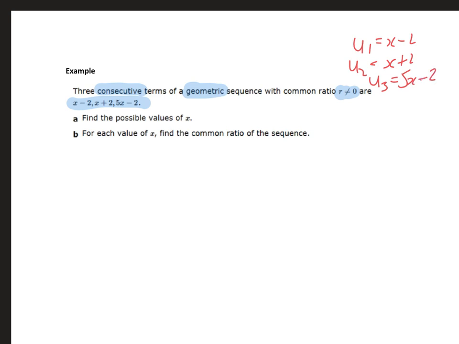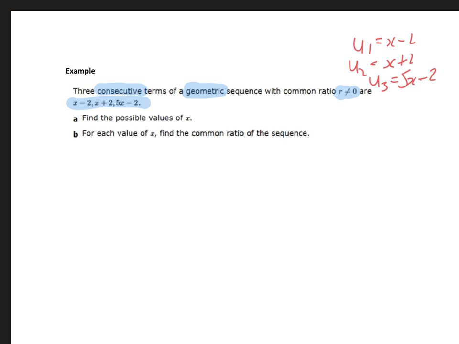Now I could, if I wanted, use the formula for un, so a r to the power n minus 1, and get 3 simultaneous equations, but I don't really want to solve a 3-way simultaneous equation.